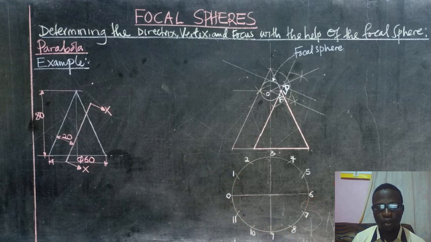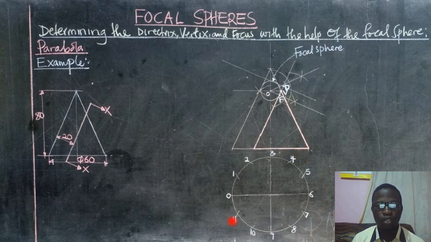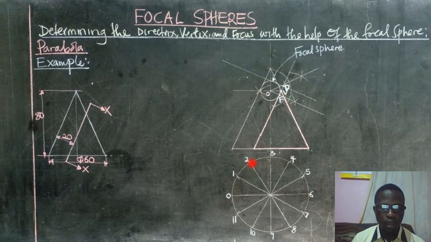Like we have now 0, 1, 2, 3, 4, up to 11, or back to 0. Now we join the diagonals to get those points joined like that.